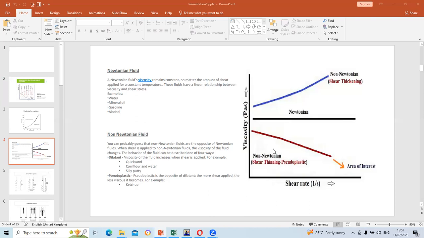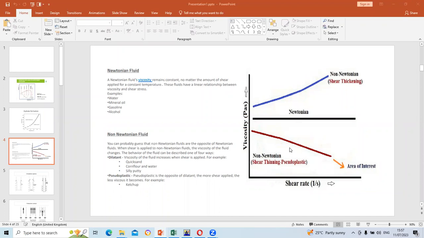But for a non-Newtonian fluid, the viscosity either decreases or it increases. Here we talk of shear thickening, and here we talk of shear thinning property. In our reservoir, if we have a very heavy hydrocarbon, it sometimes behaves like a non-Newtonian fluid with this kind of shear property.